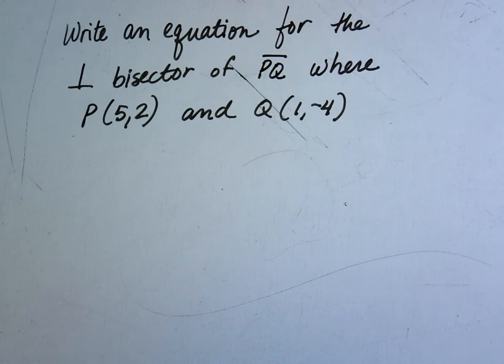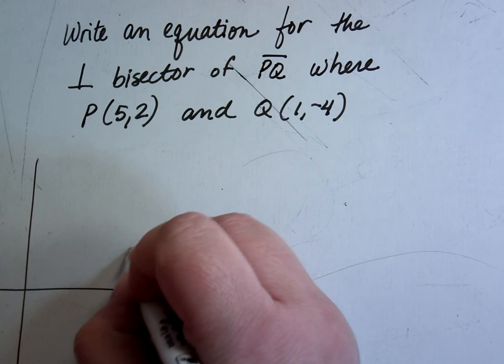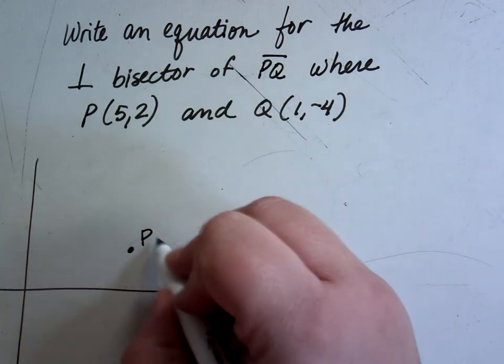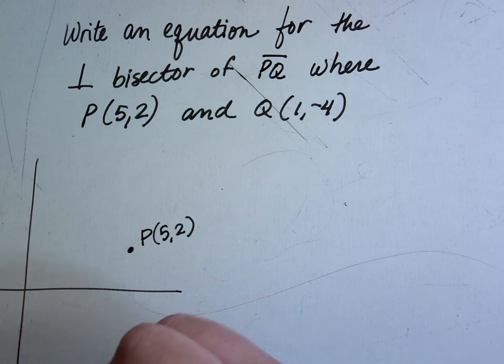Okay, so sorry it's off the side there. P is 5, 2, somewhere like this. Q is 1, negative 4, so someplace like this.